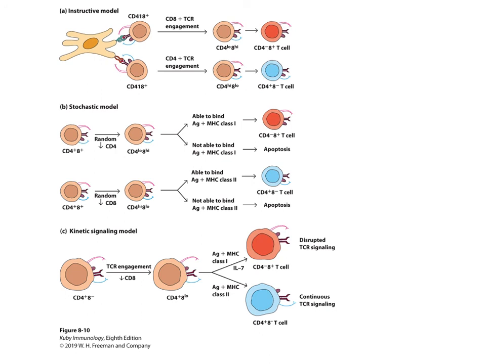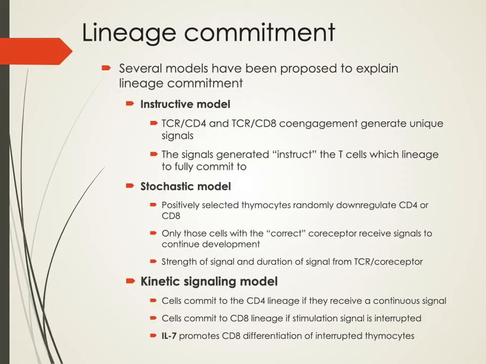And the kinetic signaling model incorporates somewhat both of those, in that there are certain signals that will say become a CD4, and then the default is, if those signals aren't constant, if there's a kind of break in that signal, then the default is that you become a CD8. So this just outlines what I just said.